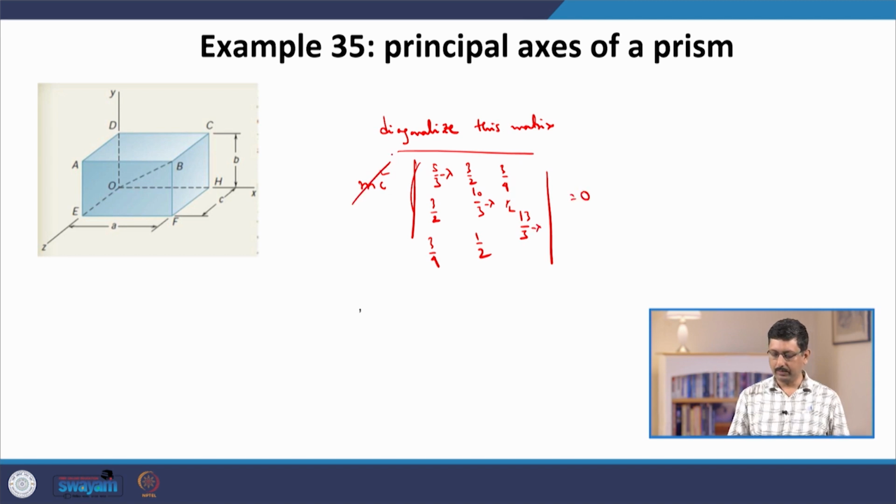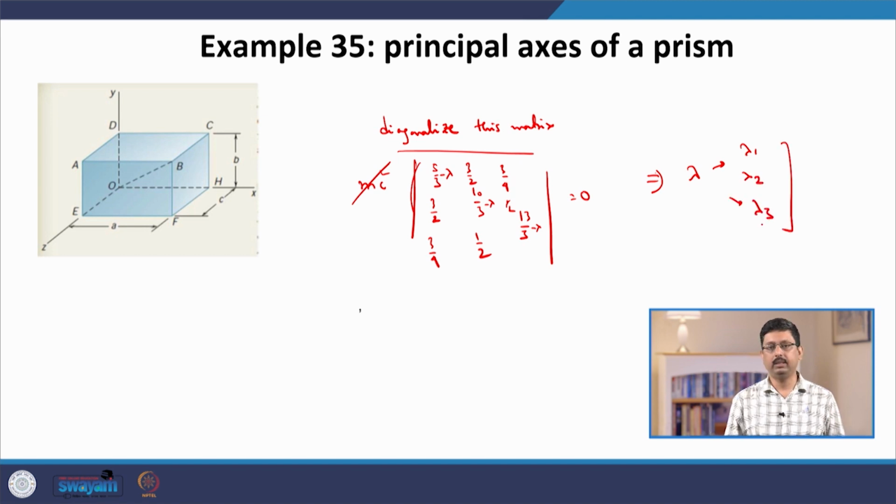This gives us the eigenvalue equation for lambda, and there will be 3 possible eigenvalues, because in 3 dimensions we have 3 possible axes of rotation, corresponding to 3 possible moments of inertia about 3 possible axes. Once we get the eigenvalues, step 2 is to get the eigenvectors.